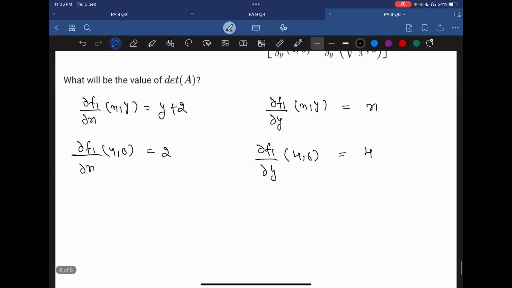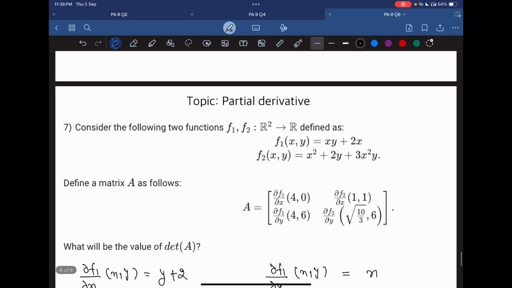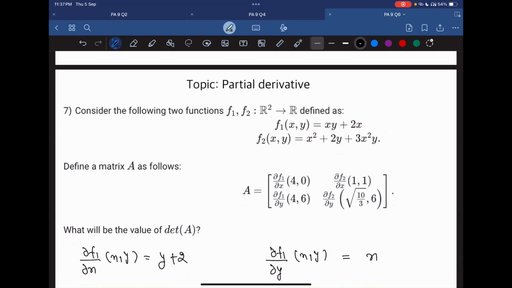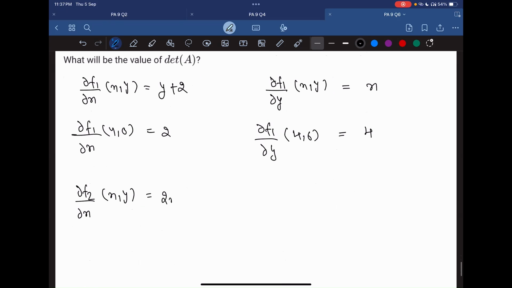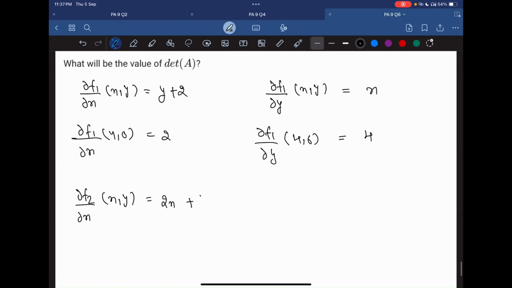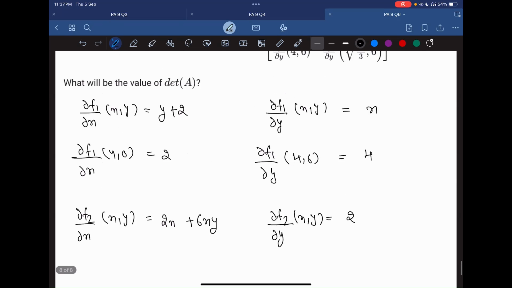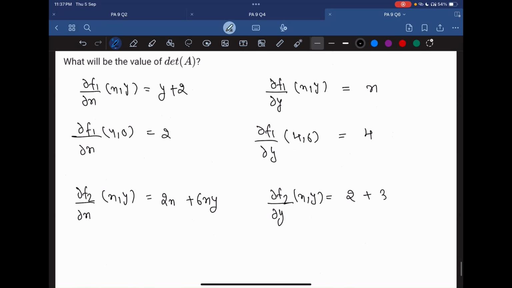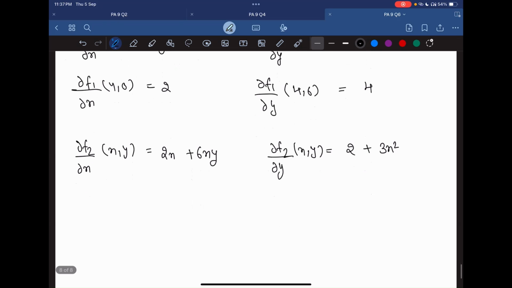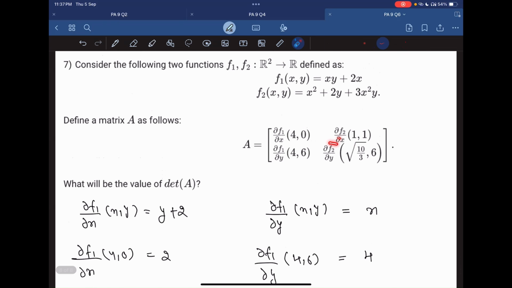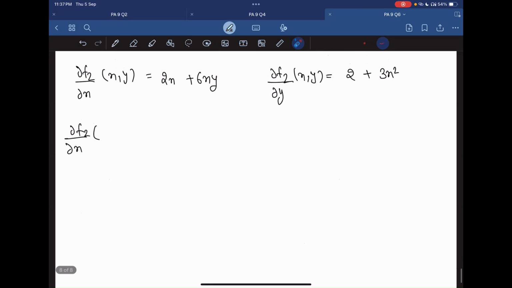Now we have to do the same thing for the f2 function. On treating y as a constant, the partial derivative with respect to x comes out to be 2x plus 6xy, and with respect to y this would be 2 plus 3x square. Now we need to calculate the partial derivative of the f2 function with respect to x at 1 comma 1.